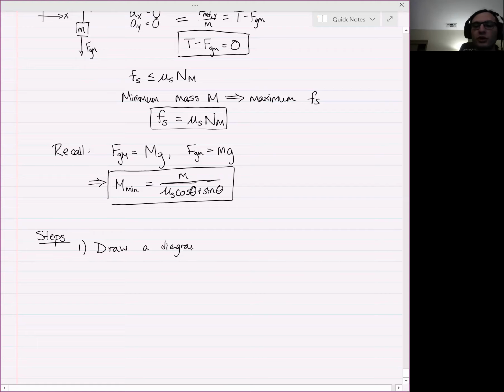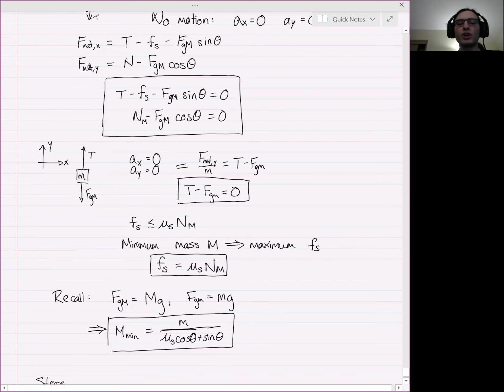and you're going to want to draw free body diagrams of isolated components of the system. In our case, we did it for the 2 separate blocks.